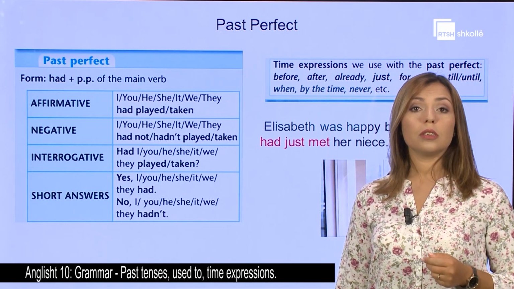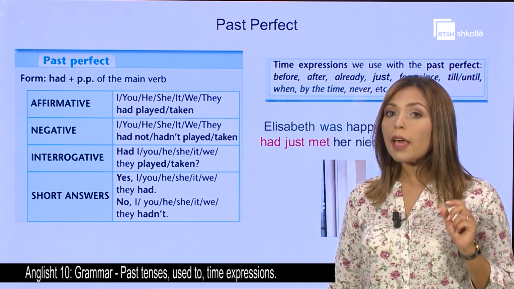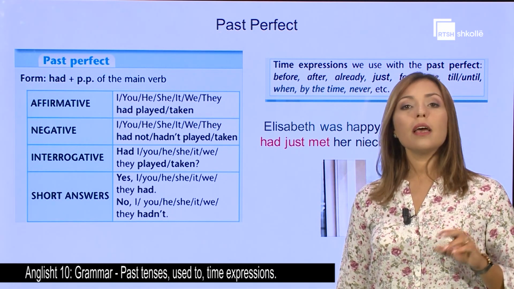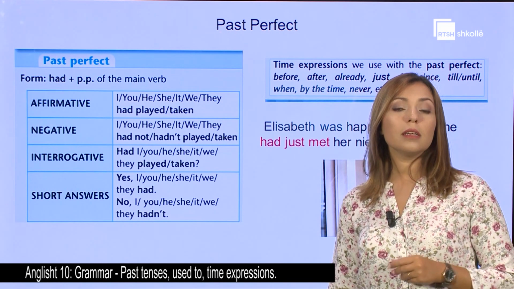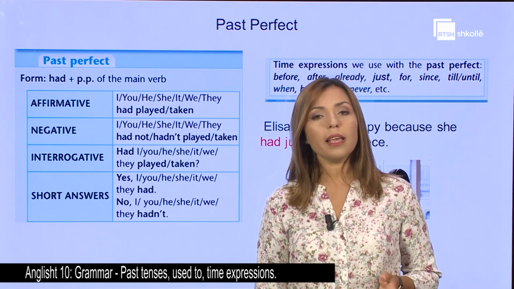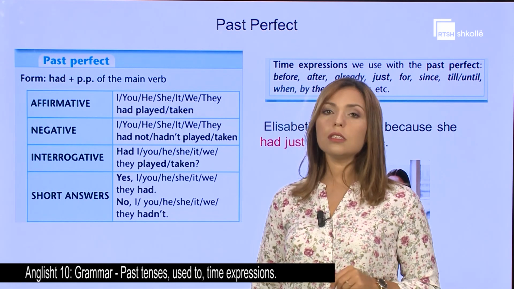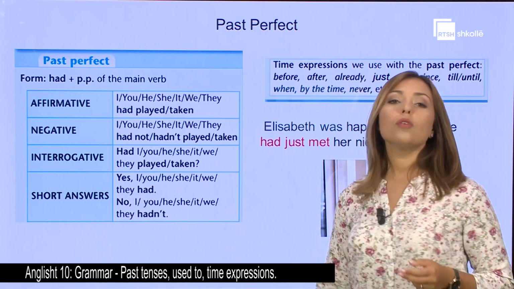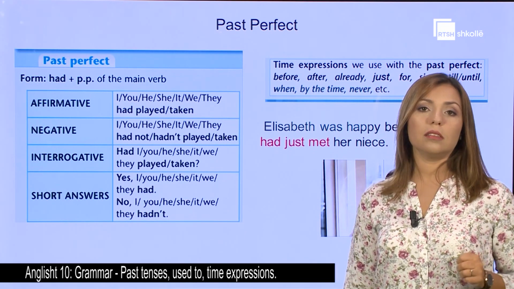The question, interrogative form, put had in front. Had I played? Had you played? Had it played? Had they played? And the short answers: yes, I had, or no, for example, he hadn't.